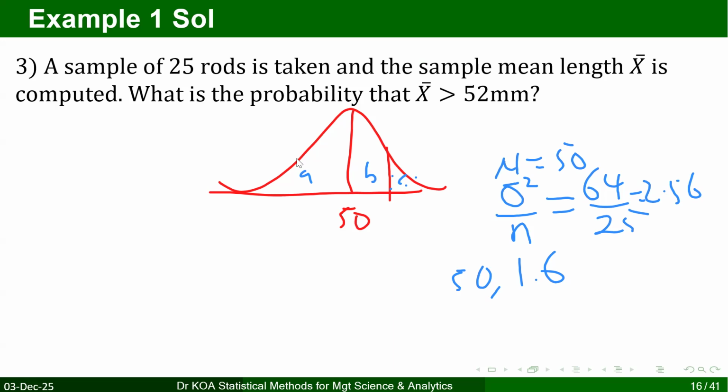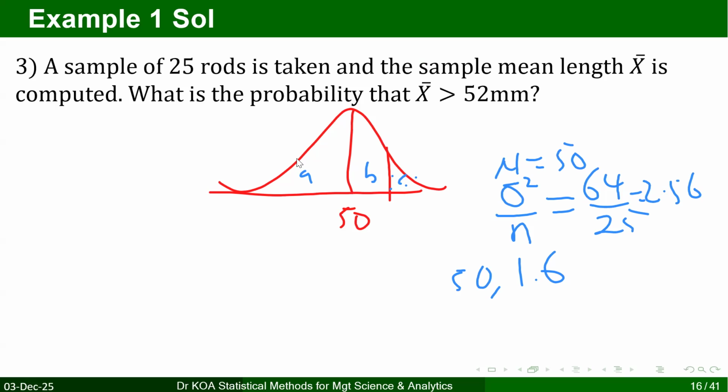Positive or negative? Oh, no, it's positive. It's 52 minus 50. So you get 1.25.